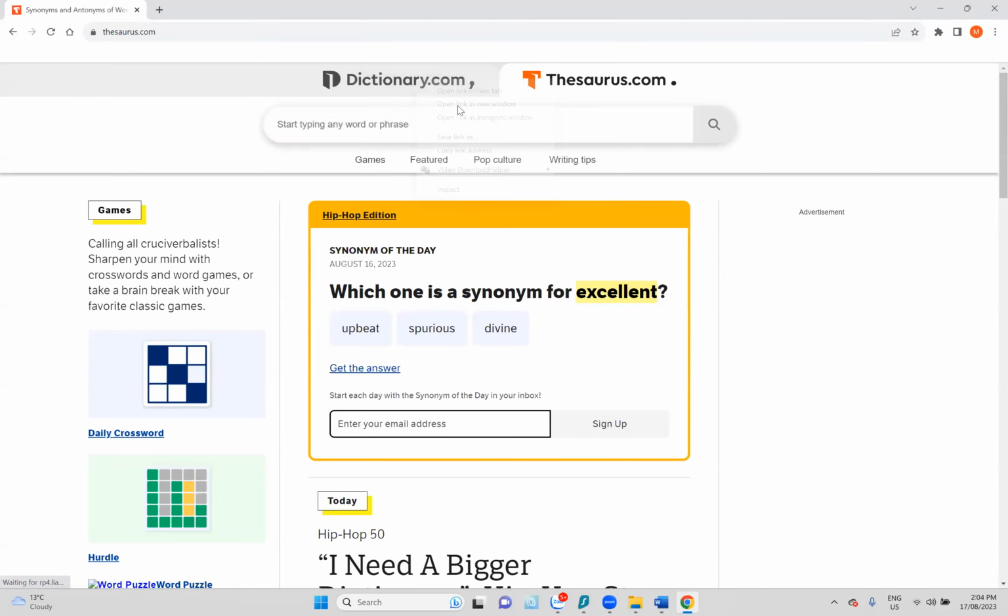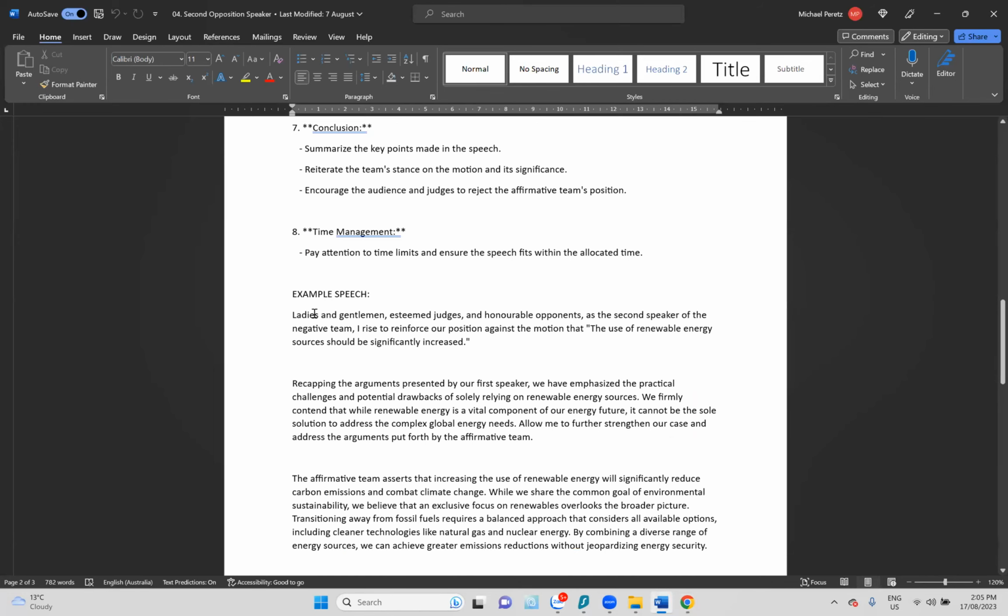So what a thesaurus is, it's quite similar to a dictionary, but instead of giving you the meaning of the words, it suggests other words that you can use instead. So let's have a look at our speech here. It gave us synonyms, right?